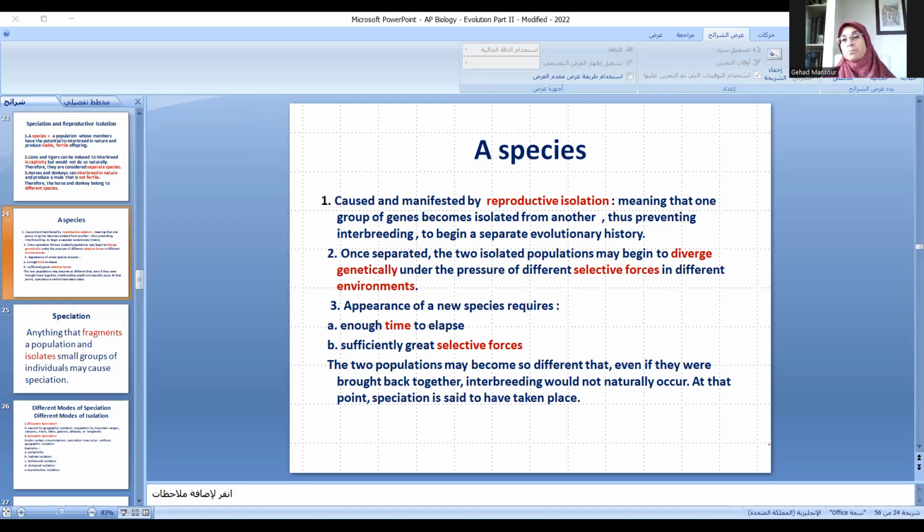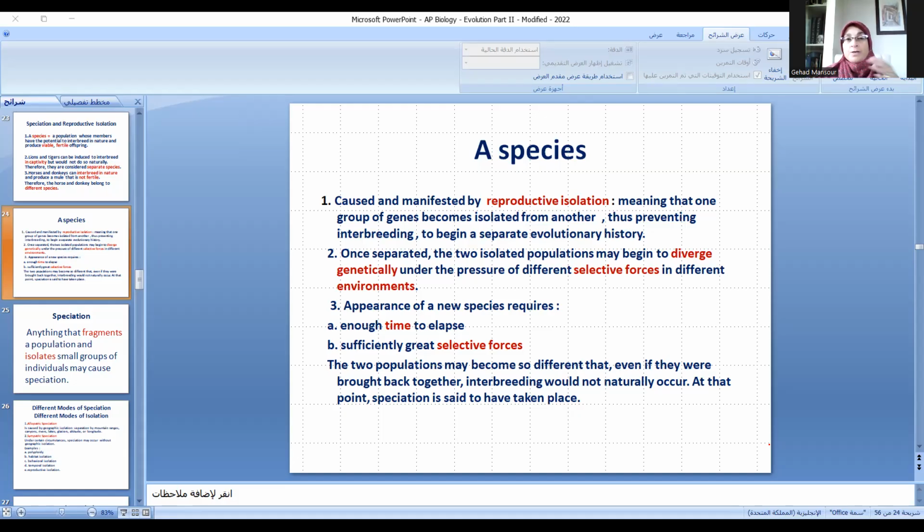And therefore the flowers will either self-pollinate, or they will cross-pollinate the flowers that are in the neighborhood, but they will not pollinate the ones in the shade, because the ones in the shade are not ready to be pollinated. So this is a difference in timing because of different environments.